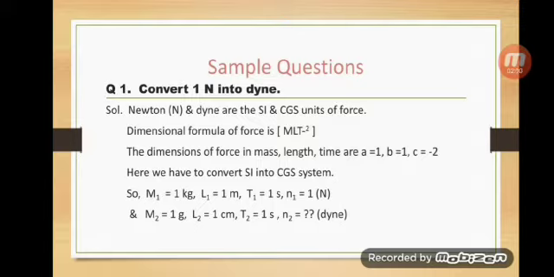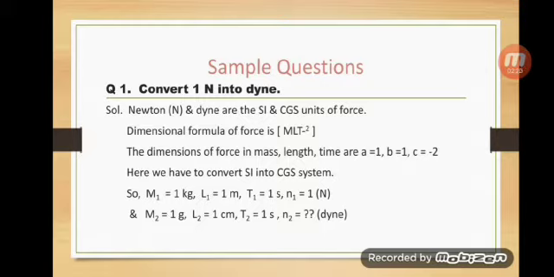Then we have to convert SI into CGS because Newton is in the SI system, dyne is in the CGS system. We have to convert 1 Newton into dyne. As the numerical value in the first unit, that is in the SI system, is 1, therefore we can take N1 equal to 1.